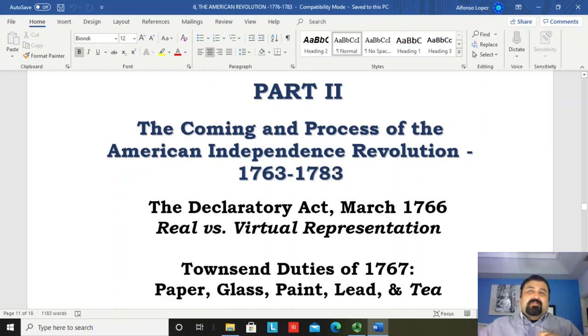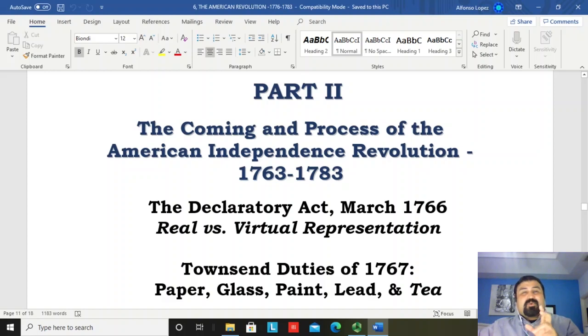The British Parliament decided in 1766 to resolve the issue of representation once and for all by passing an act called the Declaratory Act. So Parliament is actually responding to those letters. In other words, we have a final answer, whether we're going to provide representation or not.